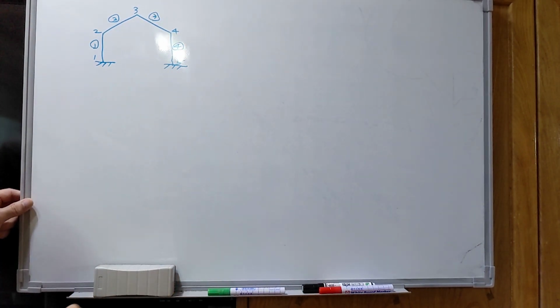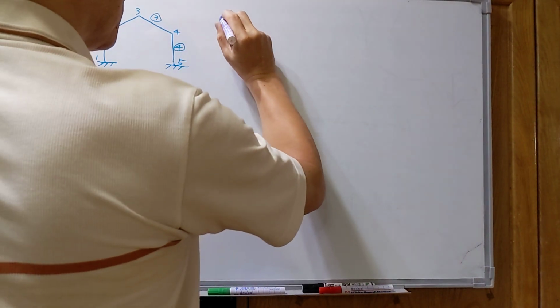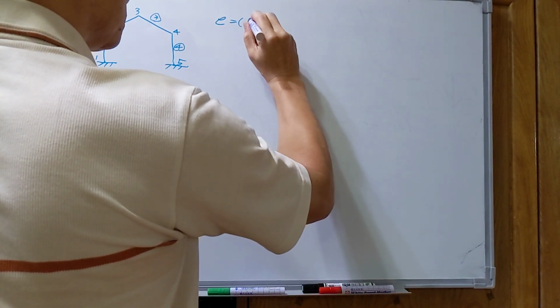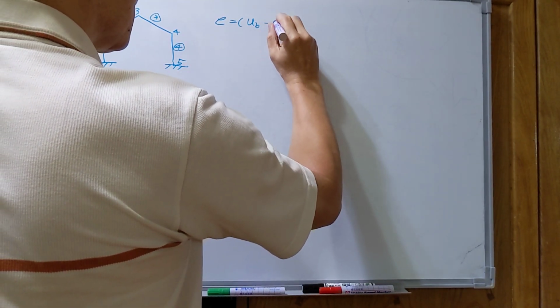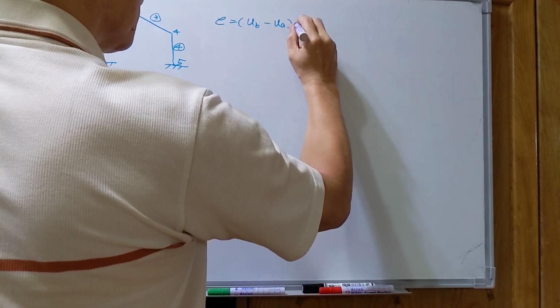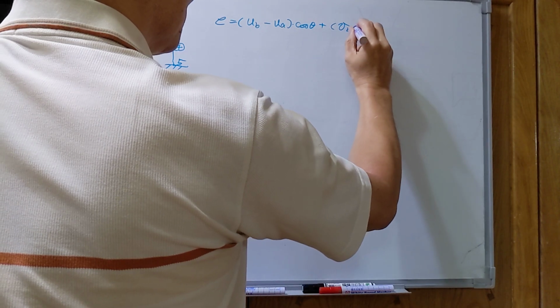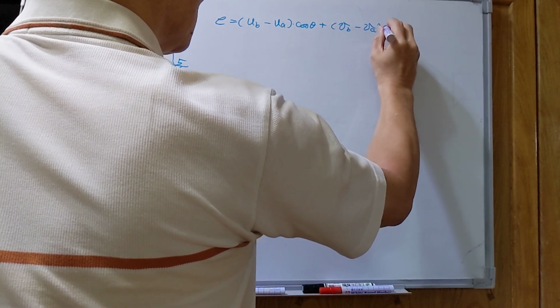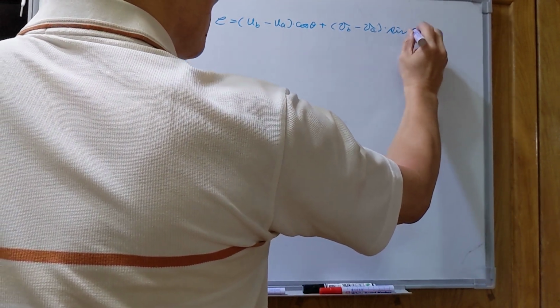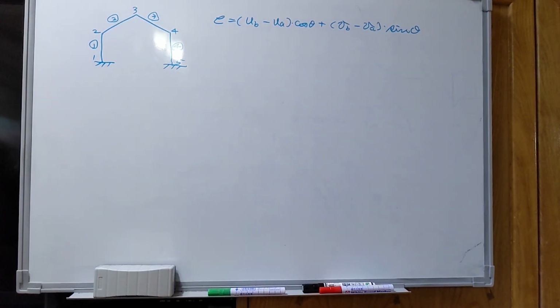Okay, remember the elongation is equal to (UB minus UA) times sine theta plus (VB minus VA) times sine theta. So that's the elongation of any member.